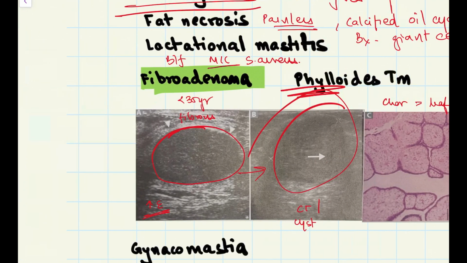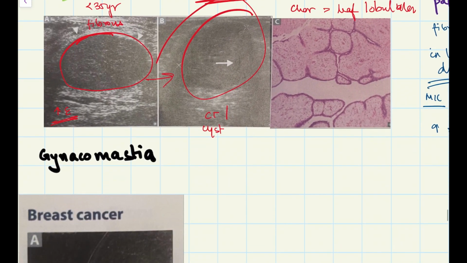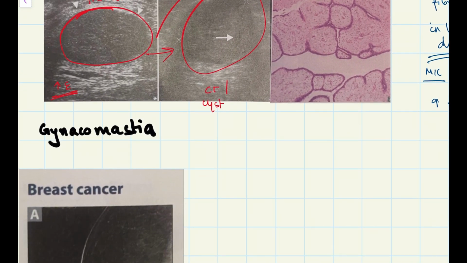The next condition is gynecomastia. It is breast enlargement in males. Why? Due to increased estrogen, right, as compared with the androgen activity. It is physiologically seen in newborns, then pubertal males and elderly males.